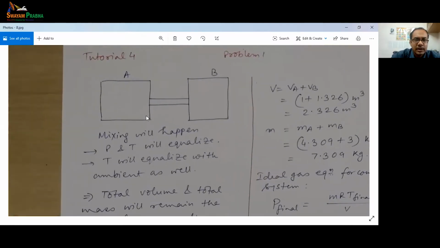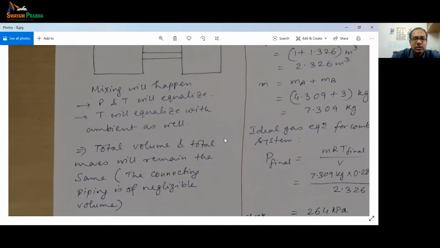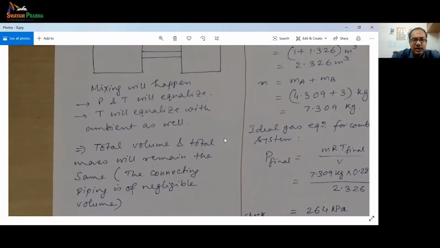So look at here. Now we have opened the valve and mixing will happen, right? Pressure and temperature will equalize between these two tanks, and temperature will equalize not between these two tanks only, it will be equalized with the ambient. Okay, so ambient is given to be 20 degrees centigrade.